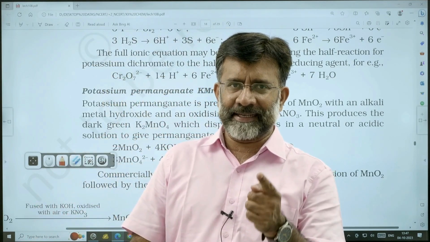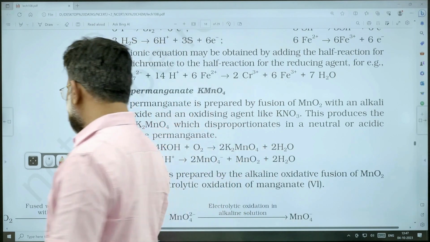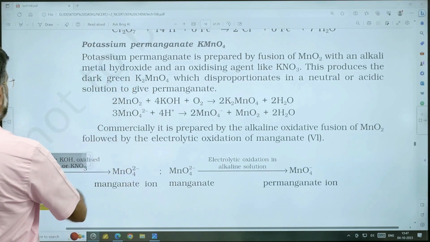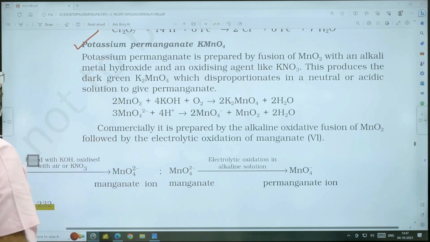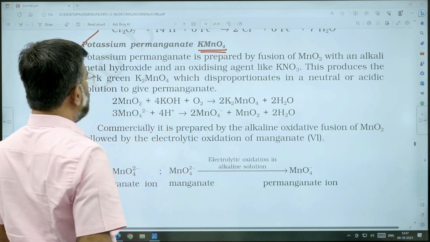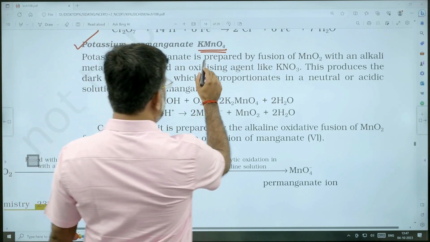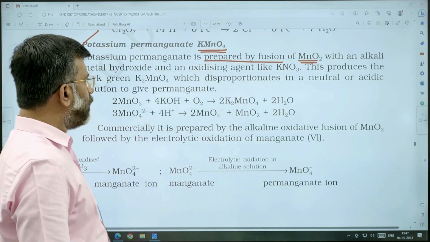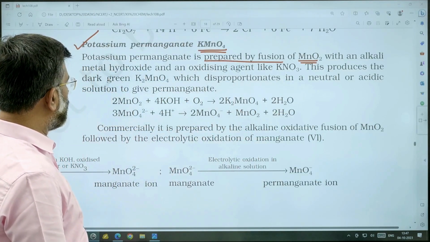Okay, next is potassium permanganate, KMnO4. Potassium permanganate is prepared by fusion of MnO2 with an alkali metal hydroxide.